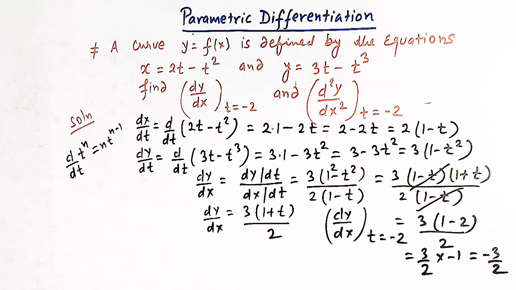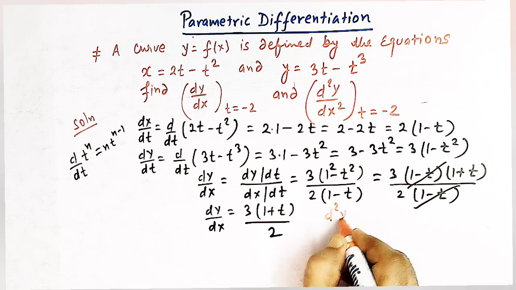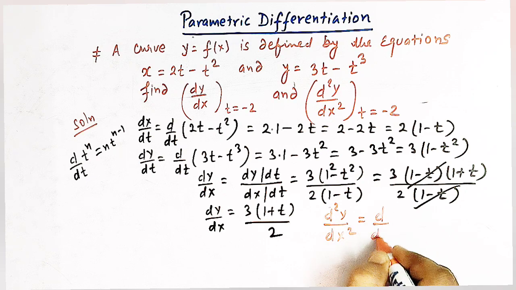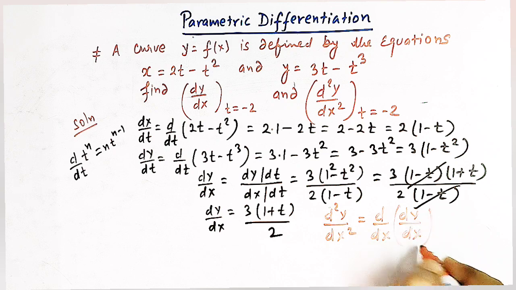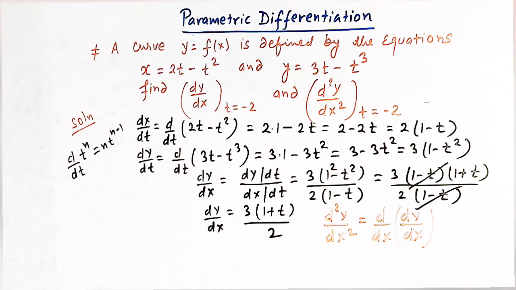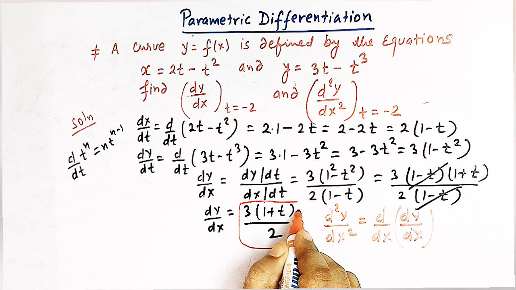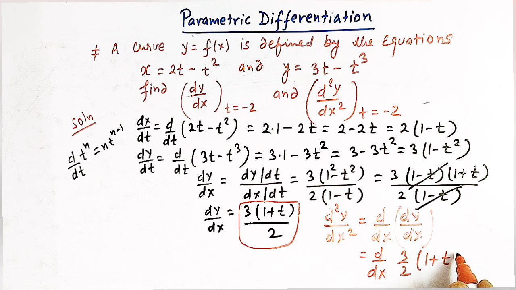Now let us find out the second derivative of y with respect to x. So now the second derivative, that is d2y over dx2, is given by d by dx of dy over dx. So now let us substitute dy over dx as this quantity. So we have d by dx of 3 by 2, and here we have 1 plus t.